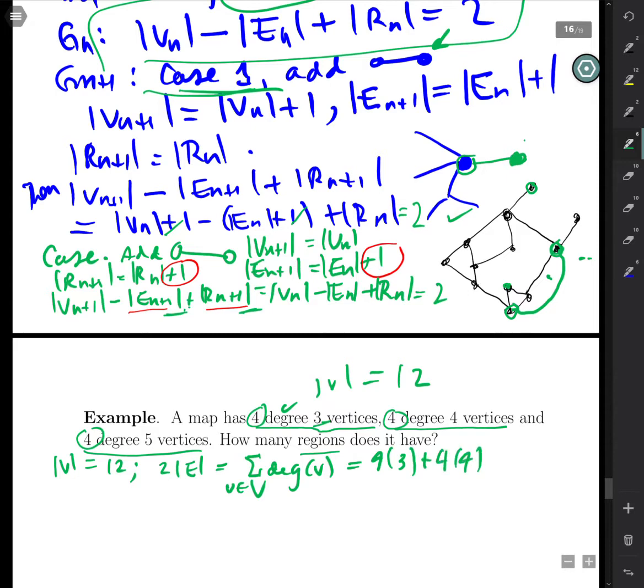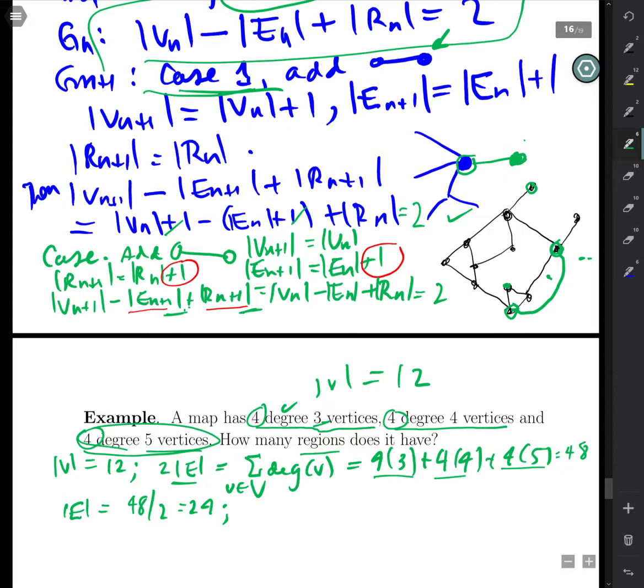That's how many that will contribute. Plus 4 times 5, the 4 of degree 5. And taking all of that together, we get 12 plus 16 is 28, plus 20 is 48. Okay, so that means E itself, the number of edges, is equal to 48 divided by 2, which is 24.